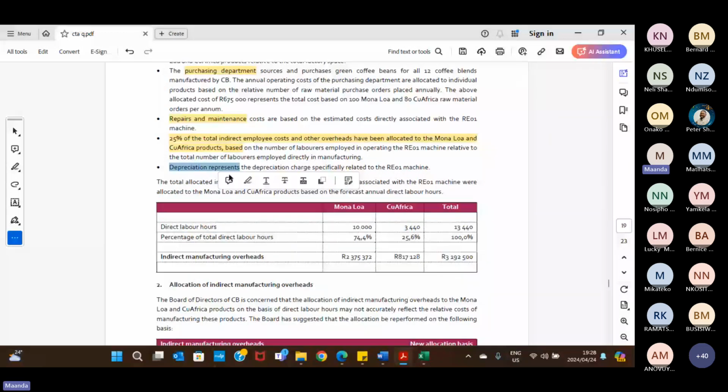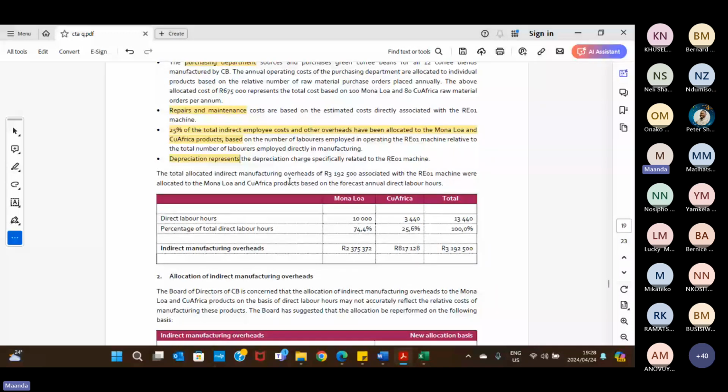Then the total allocated indirect manufacturing cost of 31952 associated with this machine was allocated based on their direct labor hours. Then they give us the labor hours, which is the total and then the percentage, and how they allocated their indirect manufacturing overheads.